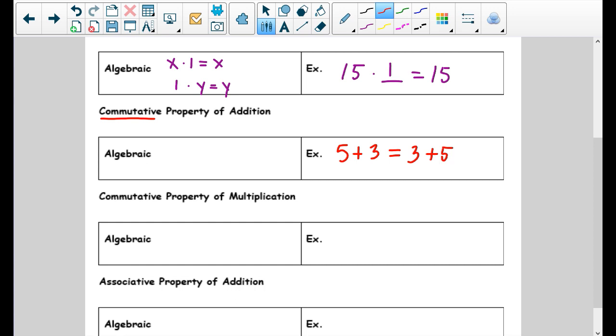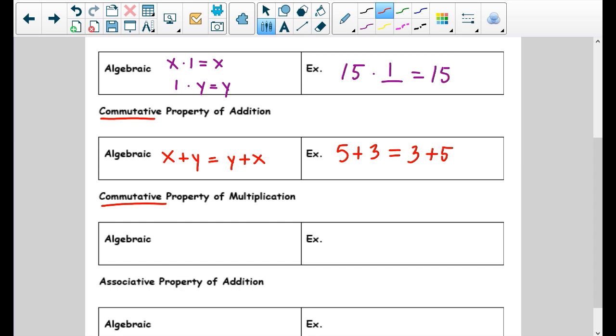So algebraically, you would have variables. x plus y then equals y plus x. You're just changing the order. You're still adding the same two numbers, you're changing the order. Okay, so same thing here, commutative property of multiplication. Again, it doesn't matter the order I multiply in.